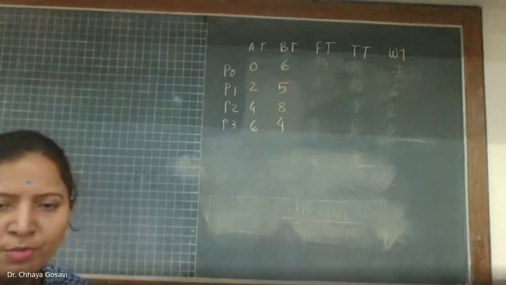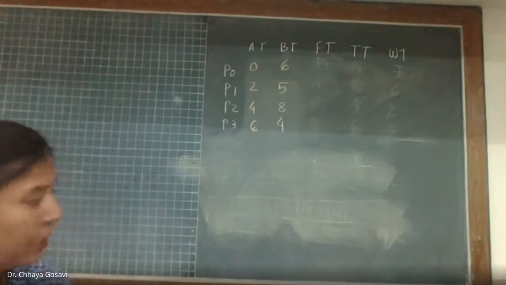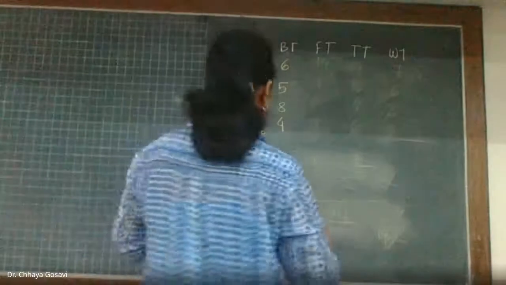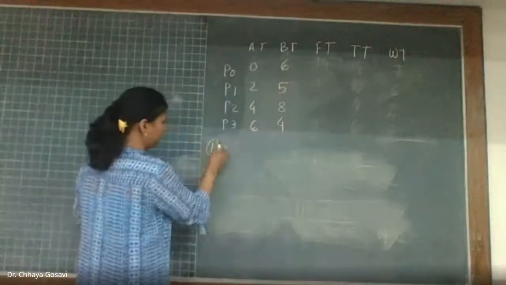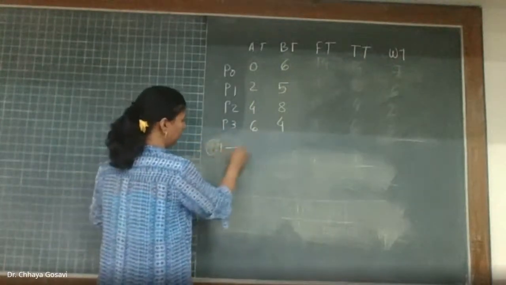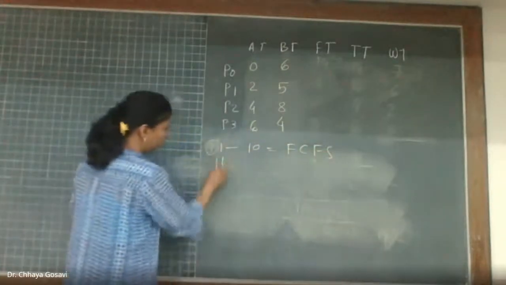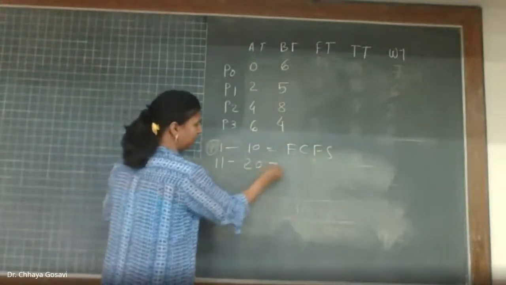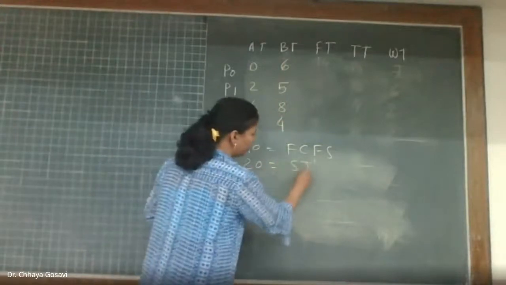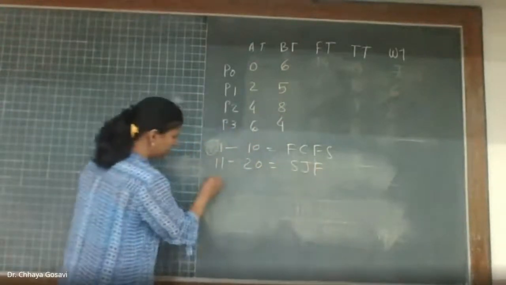Roll numbers 1 to 10, solve using FCFS. Roll numbers 11 to 20, solve this problem with shortest job first.